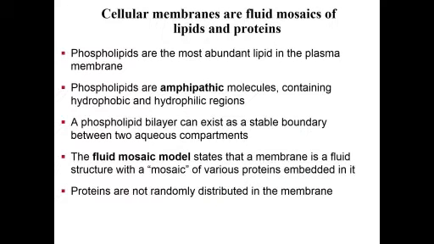Looking at the structure of the cell membrane, if you will recall, the cell membrane is composed of phospholipids. Phospholipids are amphipathic molecules. If you recall what that term means, in the same molecule, one part is hydrophilic and the other part is hydrophobic.